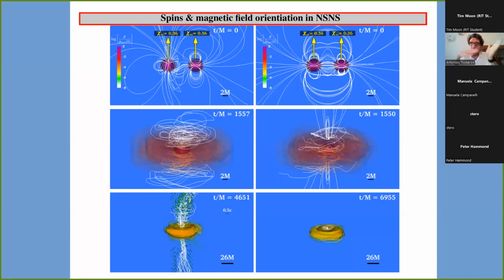While on the right, where both are perpendicular to the orbital angular momentum, there is no such organization. And by no surprise, even if we wait much longer, for the case on the right we don't see a jet, while for the case on the left, we do.